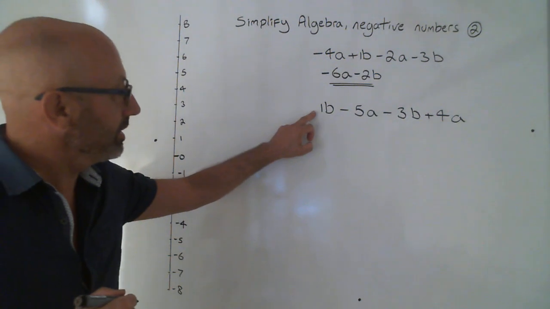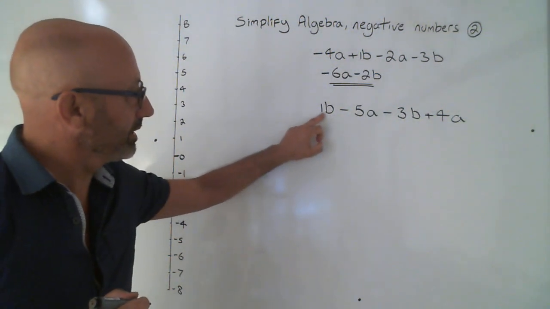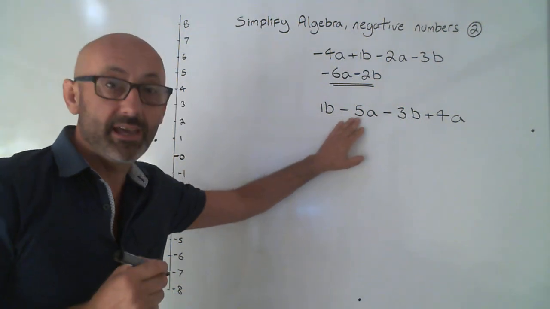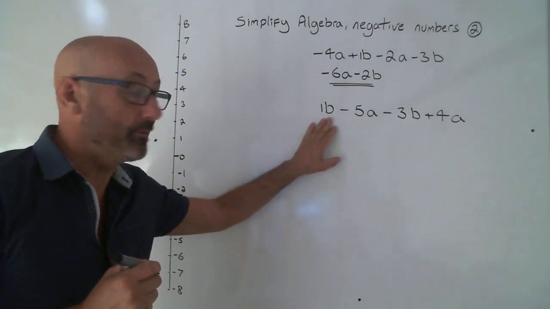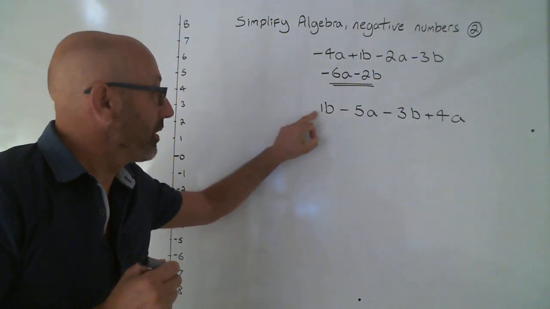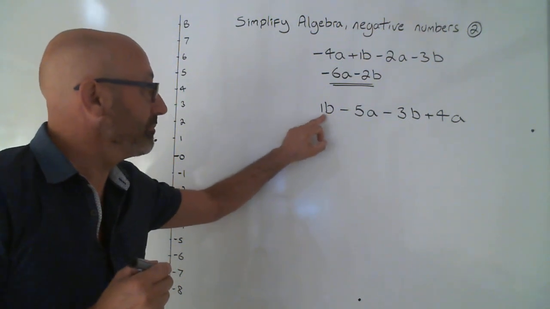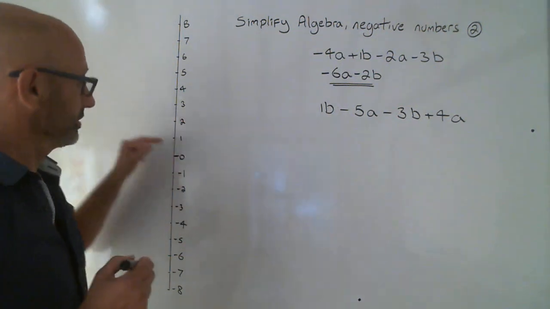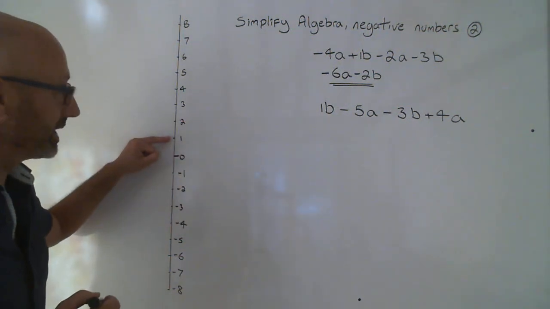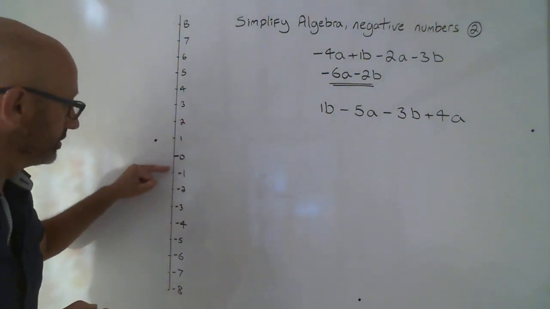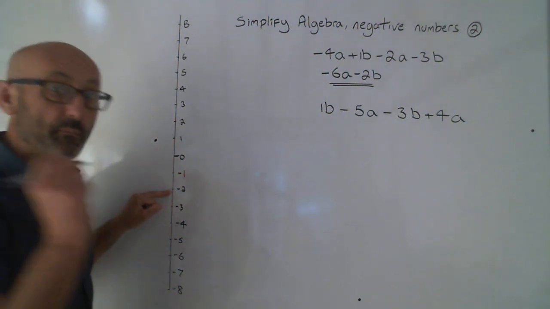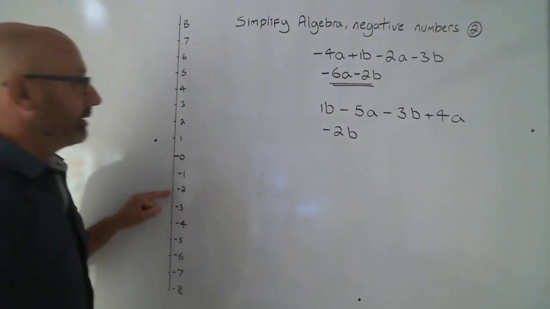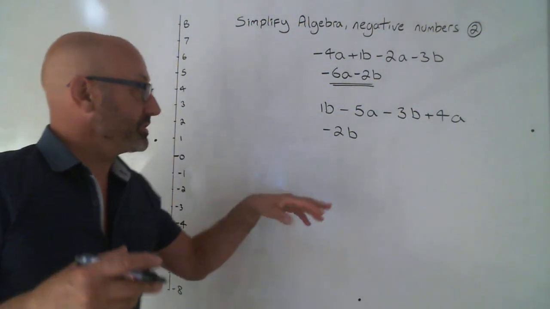So we've got here 1 banana. By the way, that minus belongs to the 5 here, not the banana. So that is 1 plus 1 minus 3. So plus 1 minus 3 is minus 2b.